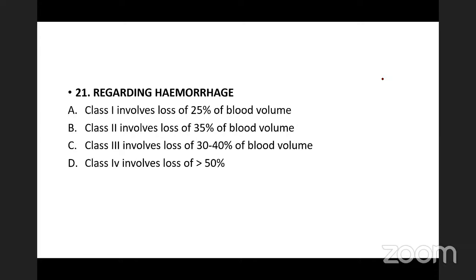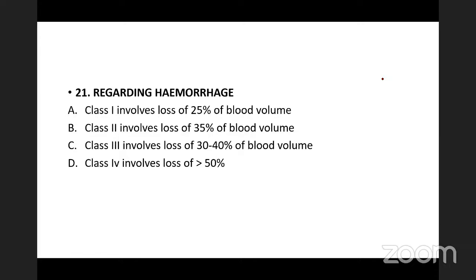You don't use a tourniquet. Regarding hemorrhage, there are 4 classes, class 1 to 4. Class 1 is loss of up to 15% of blood volume. Class 2 is loss of 15 to 30%.